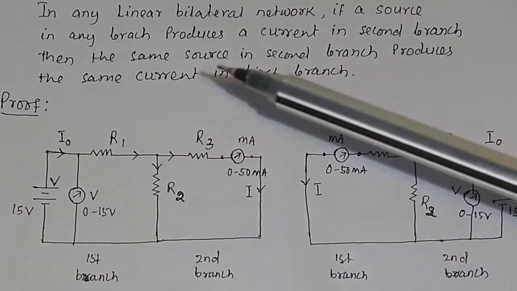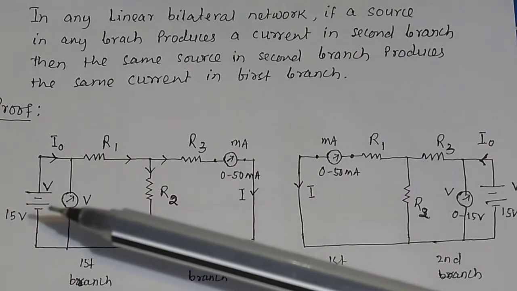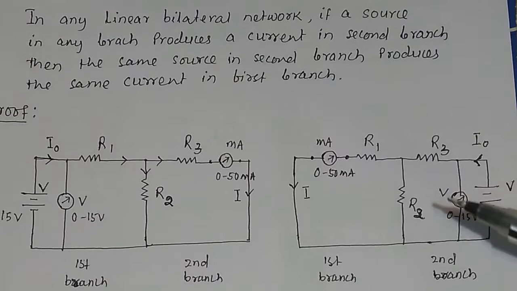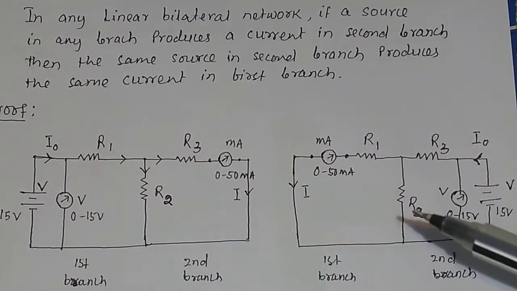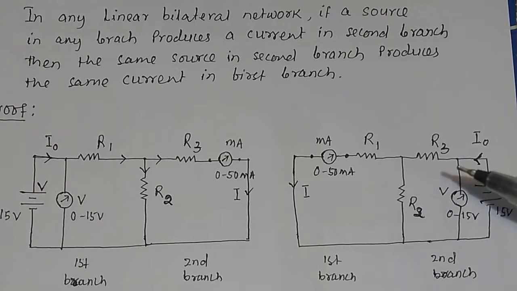Then the same source in the second branch. Now you take this 15-volt source to this second branch. Here I have taken the source from the first branch to the second branch. Then what will happen?